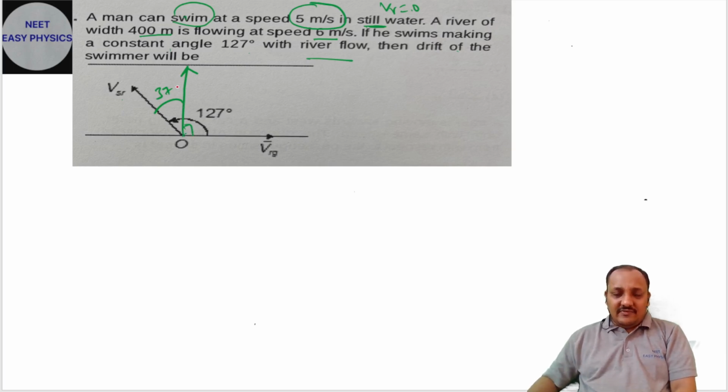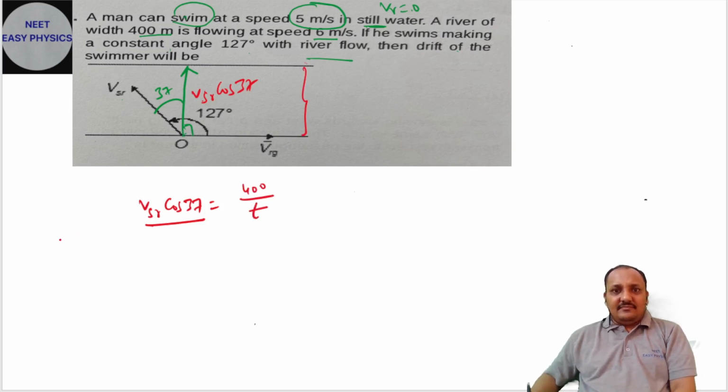So the velocity of the swimmer in this direction is V_SR cos 37. So V_SR cos 37 is equal to distance by time. What is the width of the river? 400 by time. Isn't it?